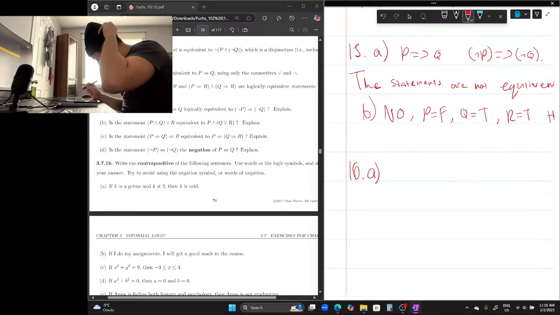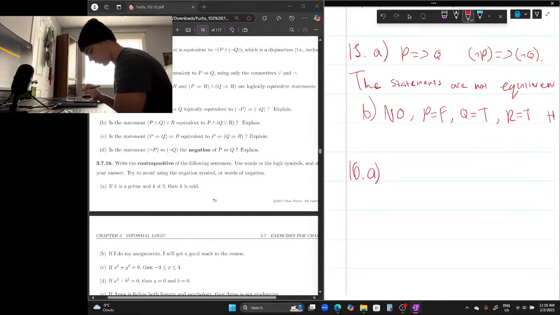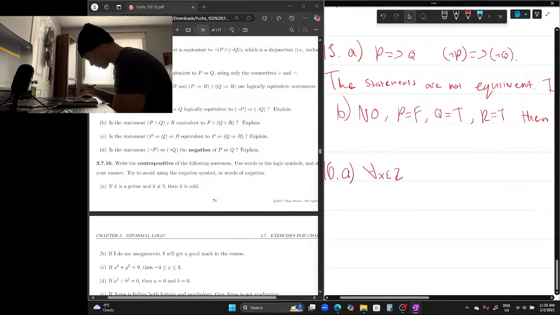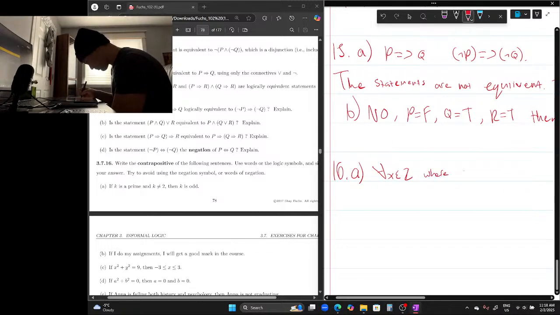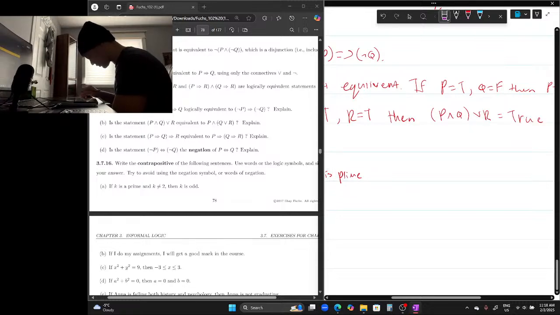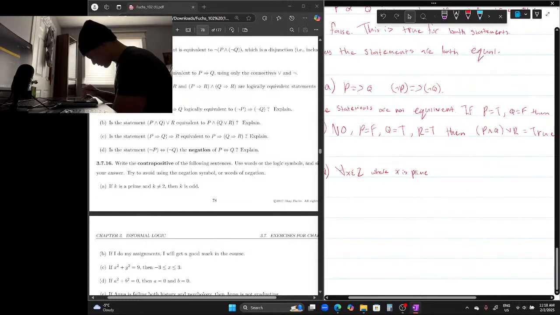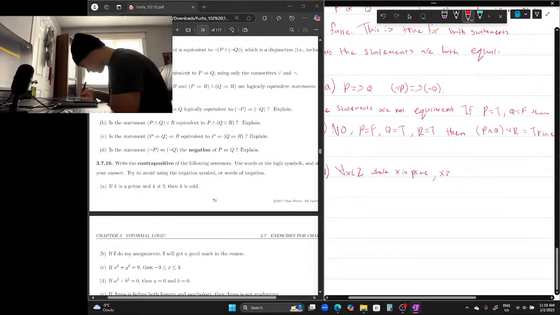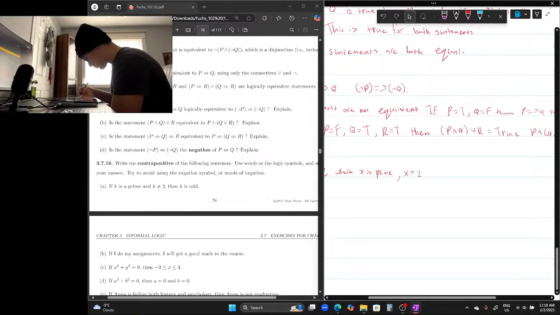So this is obviously true because every prime number greater than 2 has to be odd. So for all x, and I guess we can say the integers is fine, where x is prime and x is greater than 2, then x is odd.